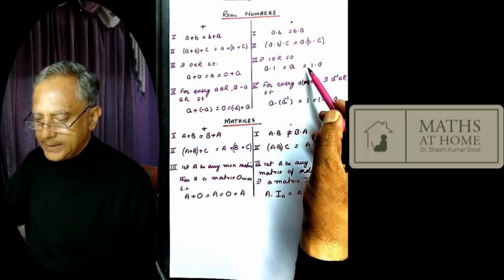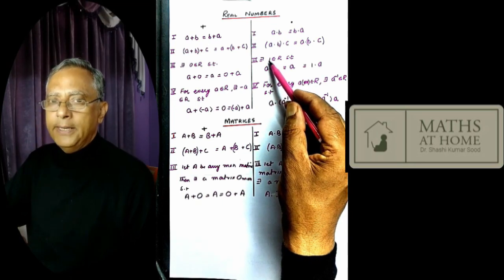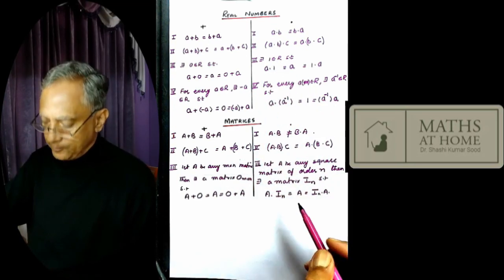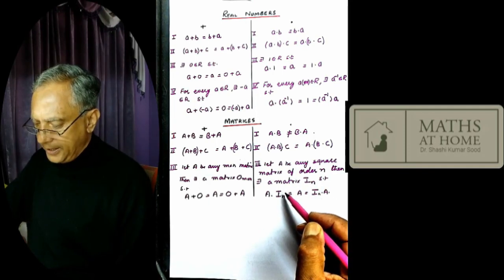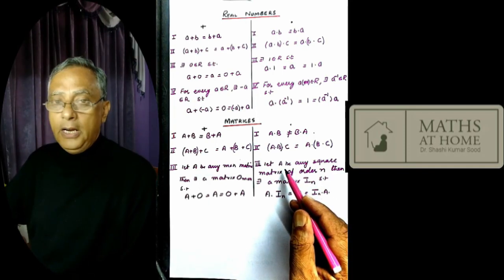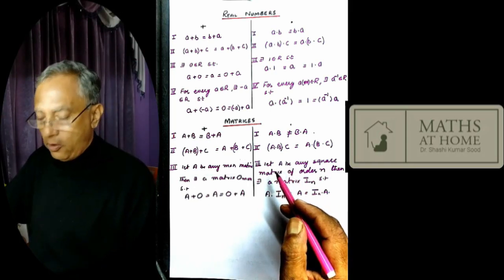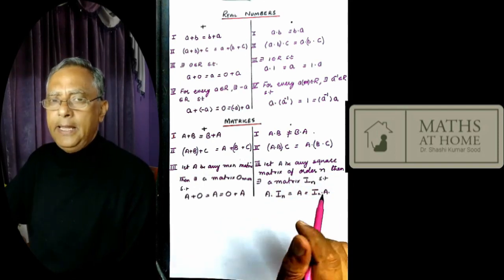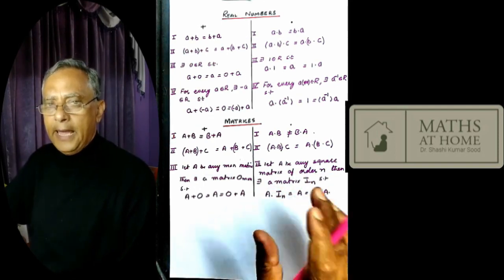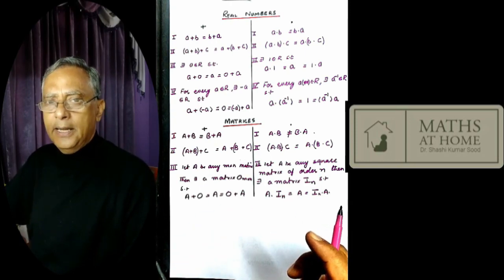A into 1 is A is equal to 1 into A, then we say that 1 is the identity. But here identity exists only for square matrices. It does not exist in general. If A is m cross n, then identity does not exist.